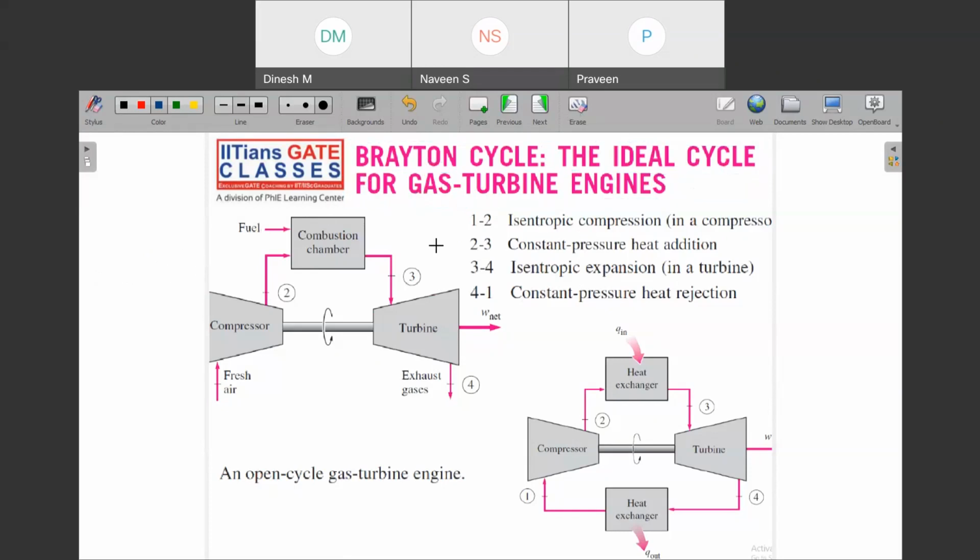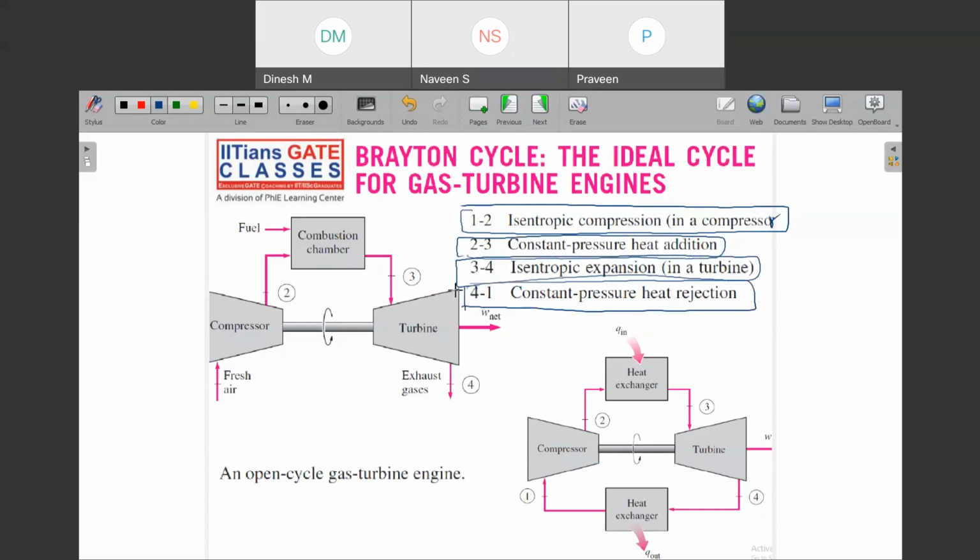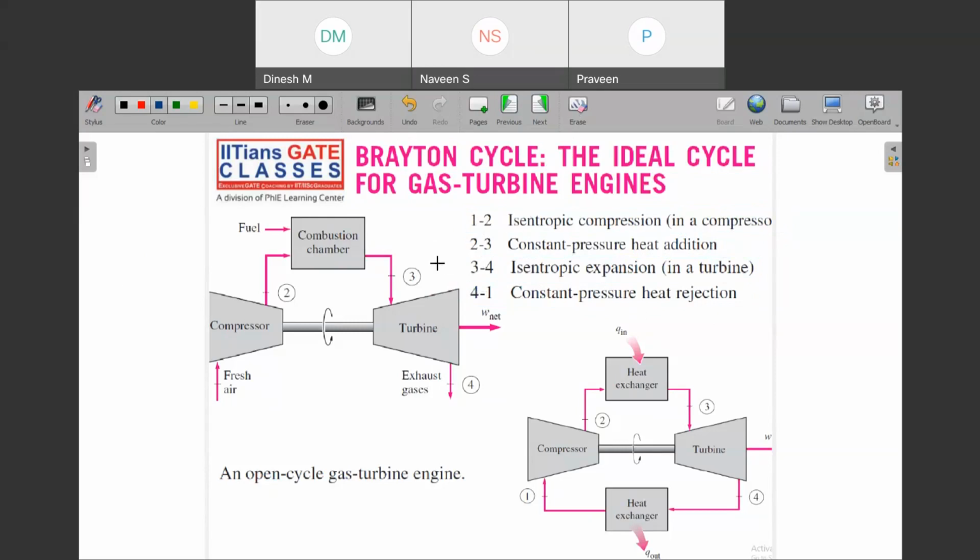Then what does this Brayton cycle constitute? We have one isentropic compression process in a compressor, then constant pressure heat addition, then isentropic expansion, and then constant pressure heat rejection. Can you see that this is somewhat related to the Otto cycle, but the way you have added heat is different.